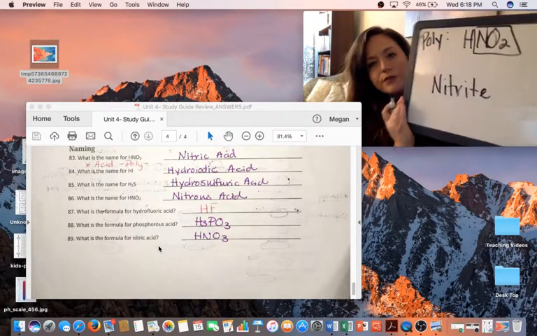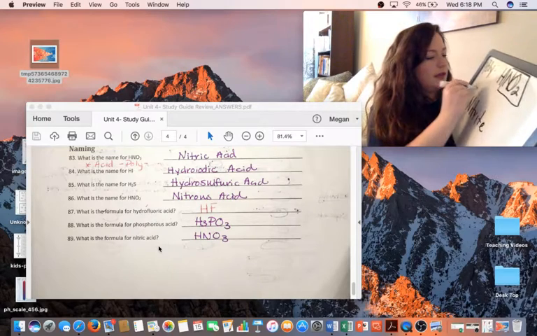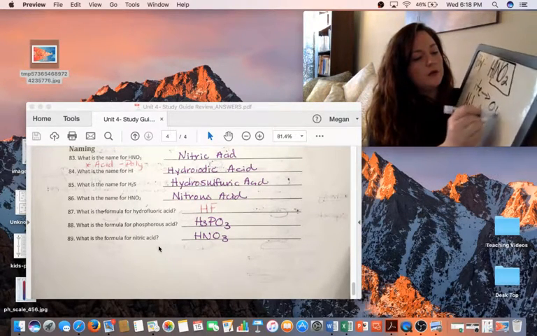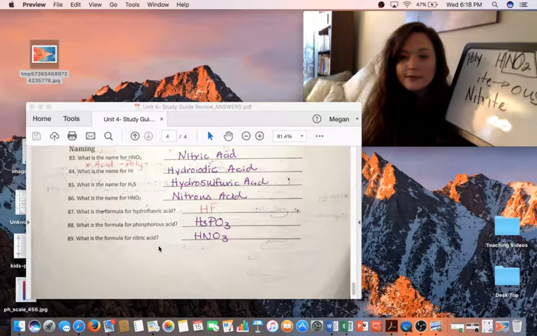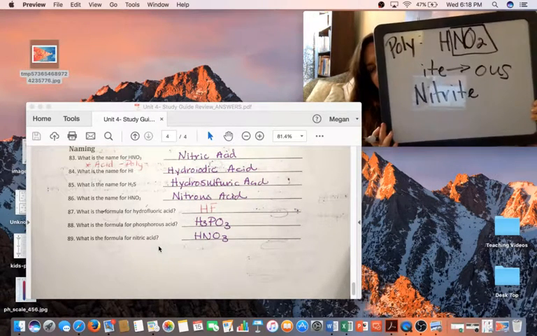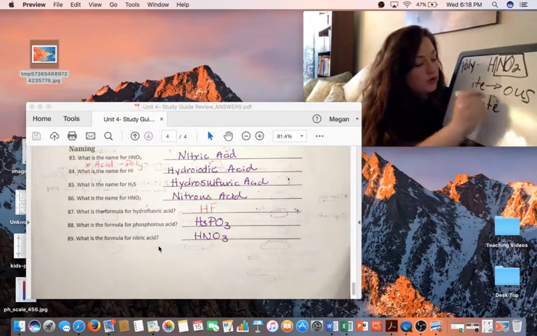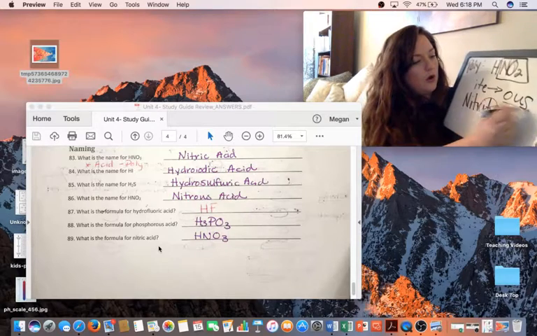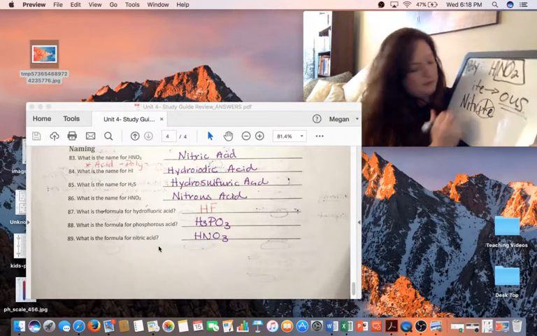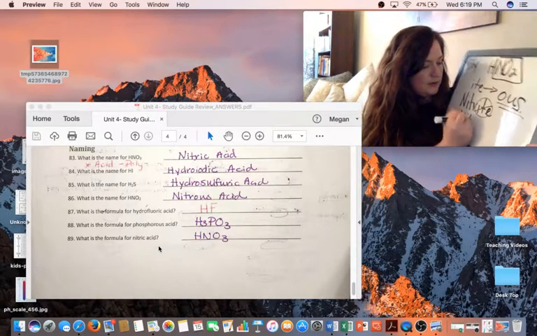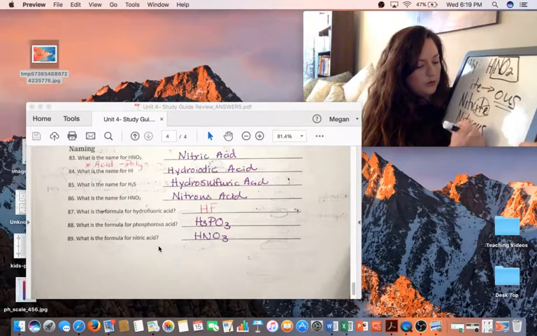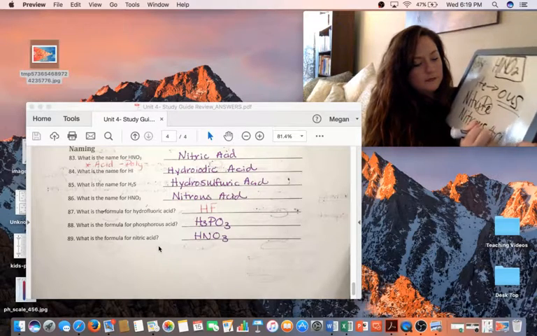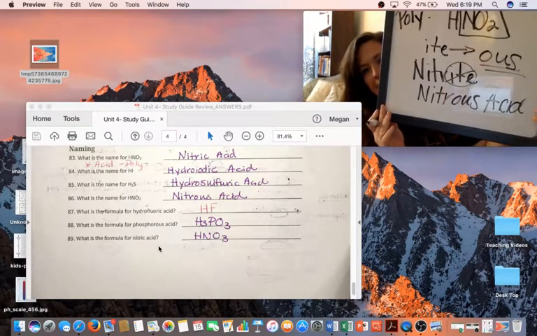All right, so for his polyatomic, his ITE becomes OUS. So write out his name, circle his ending, cross him off, and write it with OUS. Nitrous. Acid. Nitrous acid.